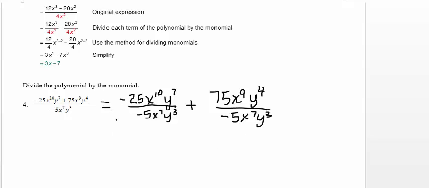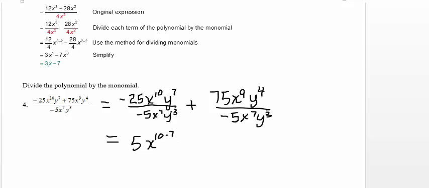Negative 25 divided by negative 5 is a positive 5. X to the 10th divided by x to the 7th is x to the 10 minus 7.